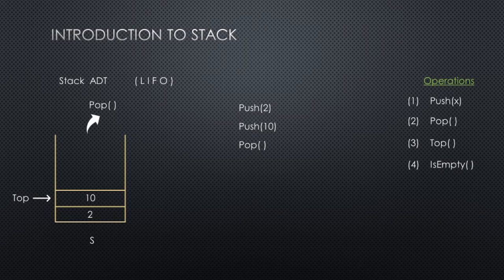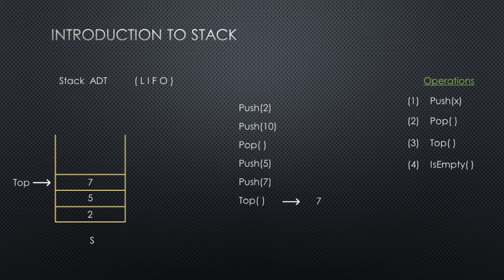With a pop, it will be removed from the stack. Let's do a few more push. I just pushed 5 and 7 onto the stack. At this stage, if I perform a top operation, it will return me number 7. Is empty will return me false. So this pretty much is a stack data structure.